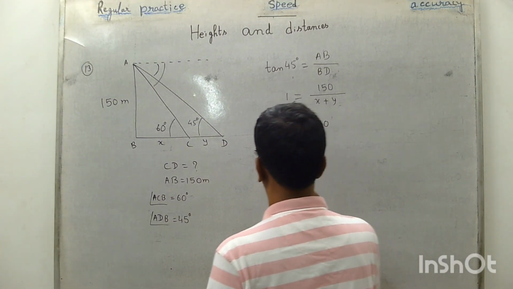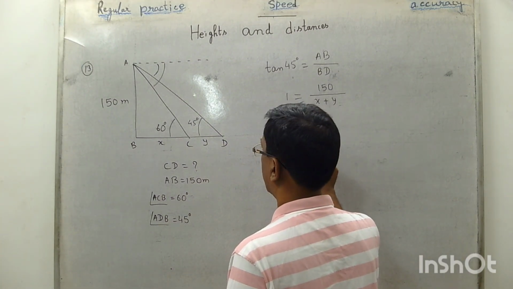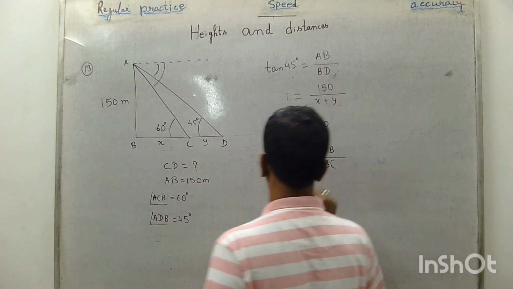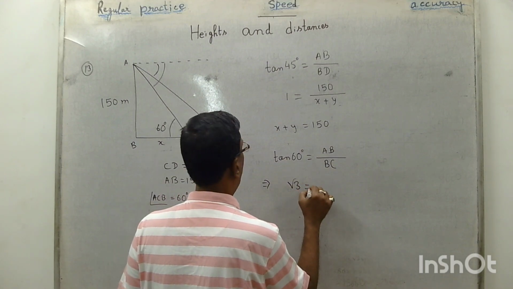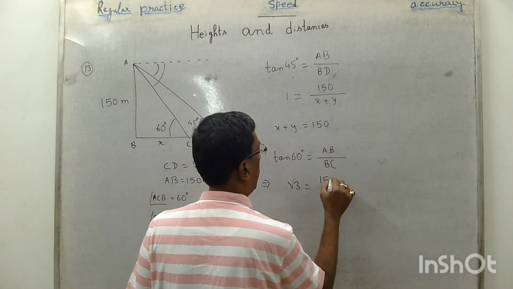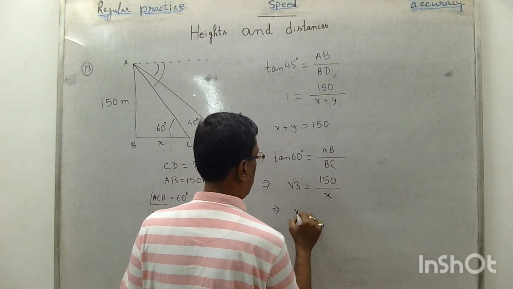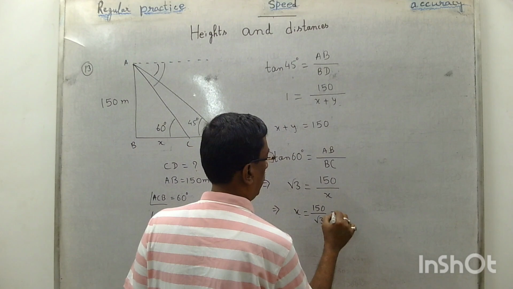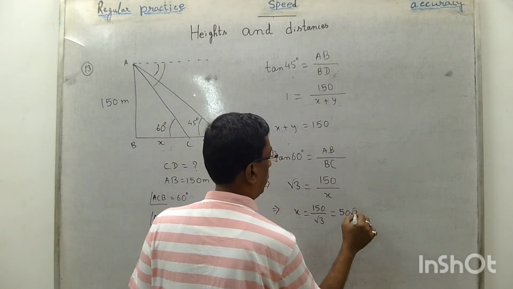Again tan 60, it is AB by BC, so √3 equal to 150 by X, X equals to 150 by √3, it will be 50 √3.